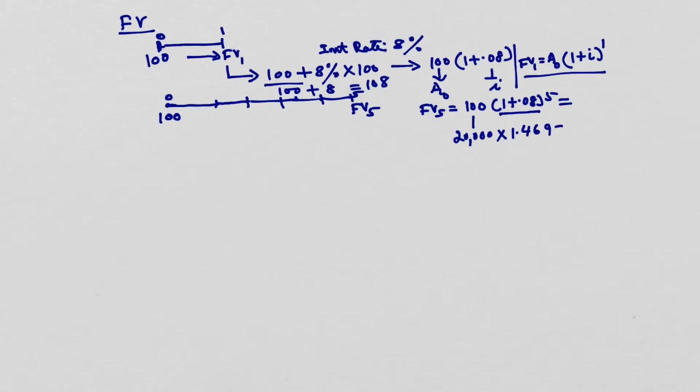So after 5 years, you are going to get 29,386. Of course, your 100 rupees would be 146.9 after 5 years.